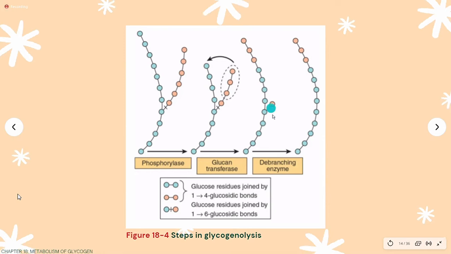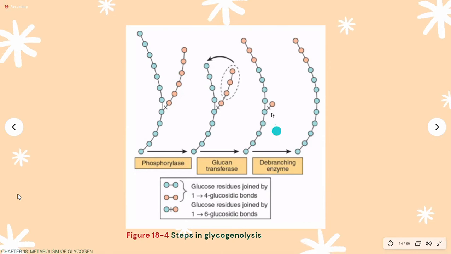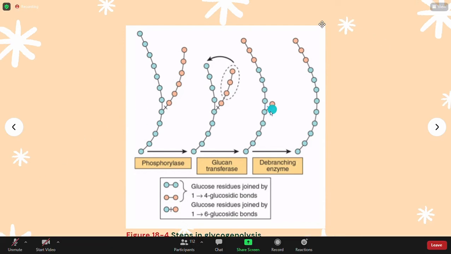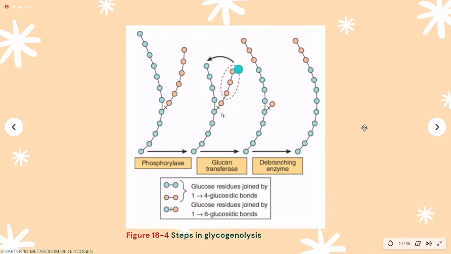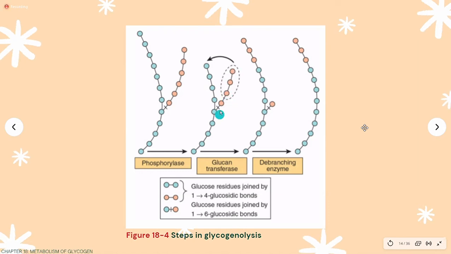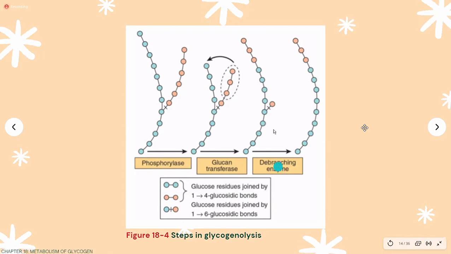Then a debranching enzyme comes around and cuts this off. And this is a 1,6 linkage. The others are 1,4, 1,4. Only at the branch point do you have a 1,6. So it requires another enzyme, a debranching enzyme. And that is cut off.